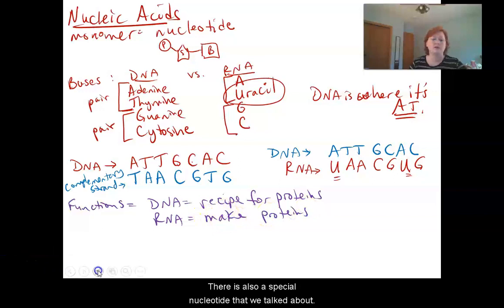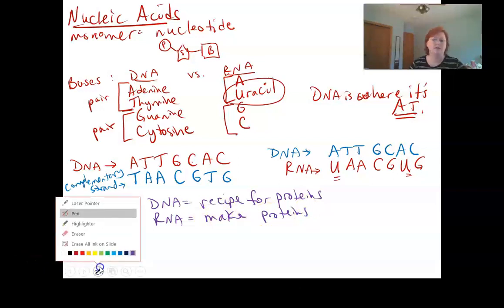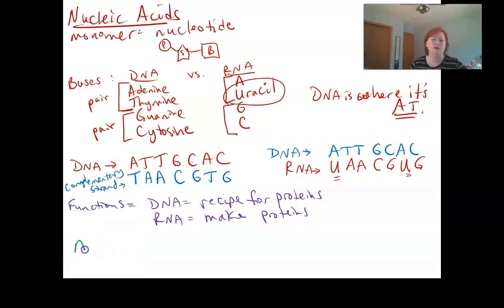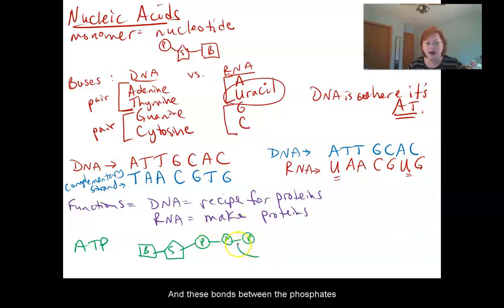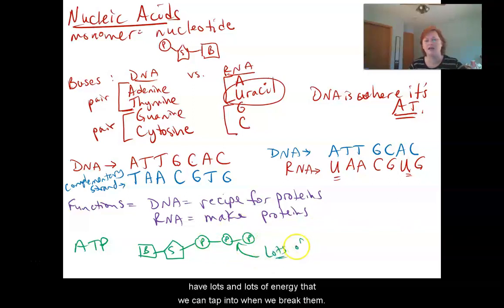There's also a special nucleotide that we talked about, which was called ATP, which is a base attached to a sugar, attached to a phosphate, but then we stick 2 extra phosphates on it. And these bonds between the phosphates have lots and lots of energy that we can tap into when we break them.